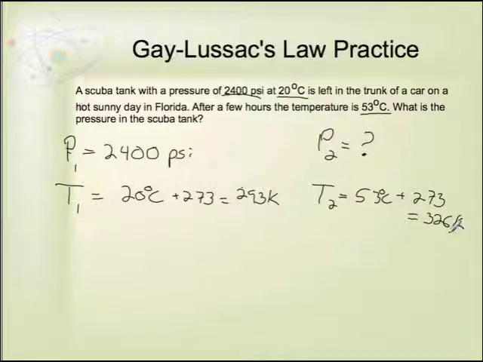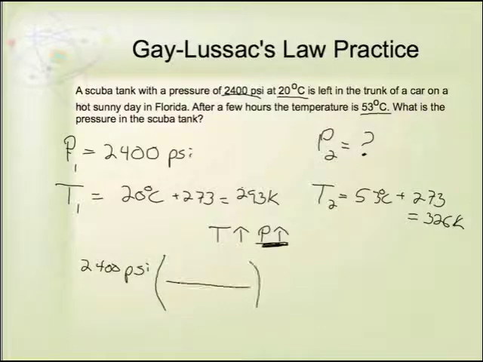Okay? Gay-Lussac's law says as the temperature rises, the pressure is also going to rise. So that's what we're trying to do, make our pressure rise. I have 2,400 pounds per square inch, and to make it get bigger, I need the larger temperature on top, 326 Kelvin over 293 Kelvin.